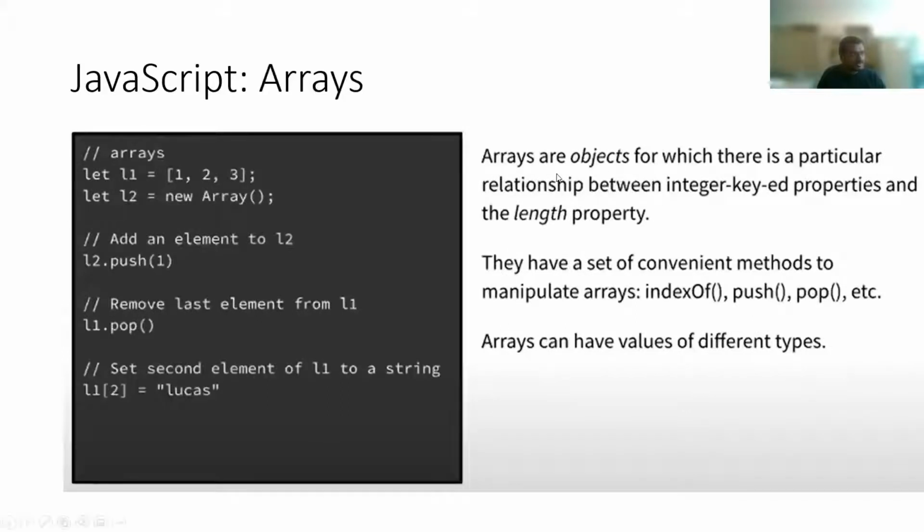We have arrays. In Python, we have more variations like list and other stuff. For JavaScript, we have arrays. So you can create like this 3-number array, 1, 2, 3, or you can create like new array, and then you can push and pop elements. You can add element using this push and remove element from the array using pop.